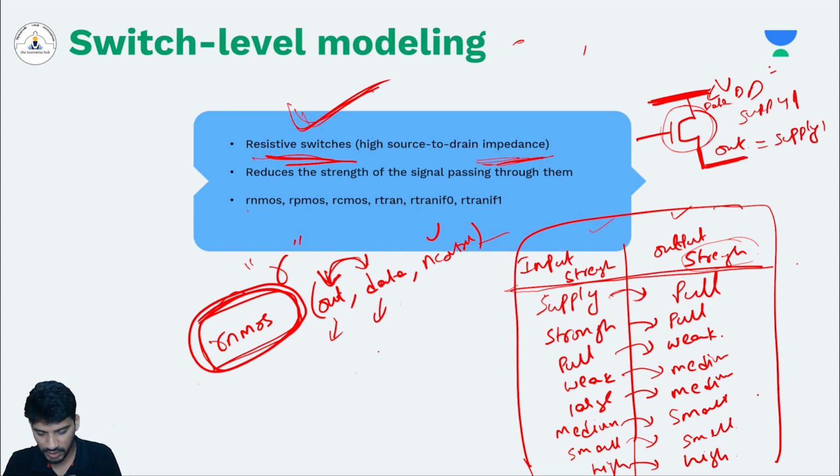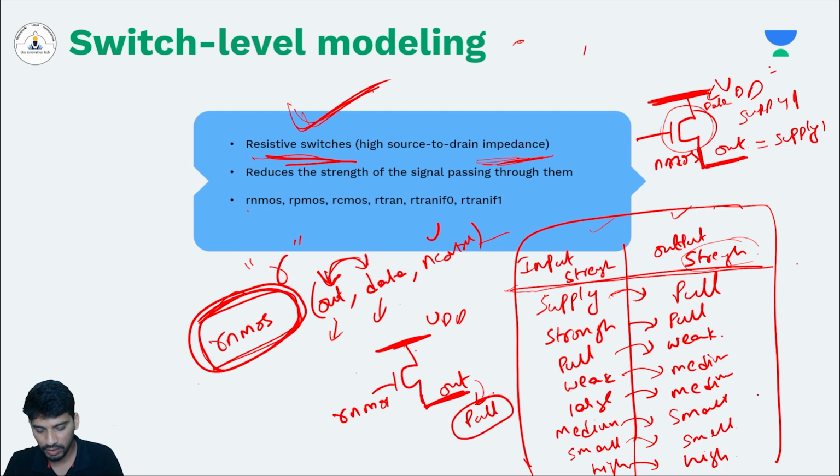But the same VDD signal, if you are passing through a resistive switch, this is a normal NMOS switch, but if you are passing through an RNMOS, in this case the output has a strength of pull, not a strength of supply. So why is it necessary?